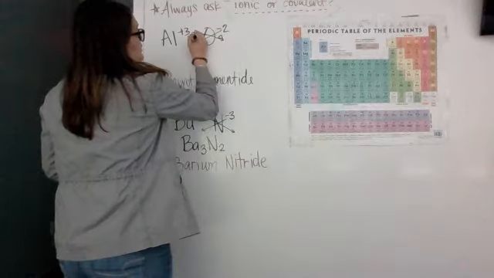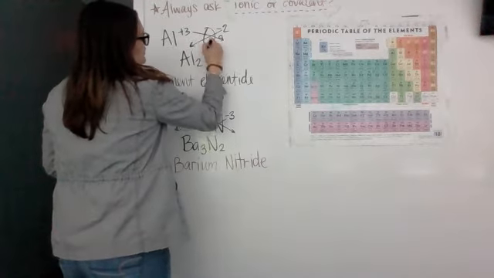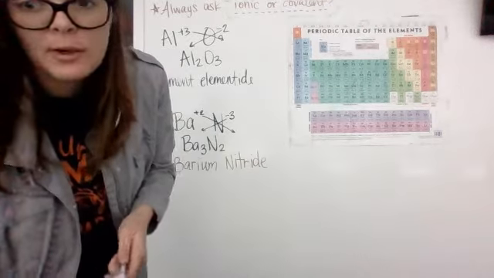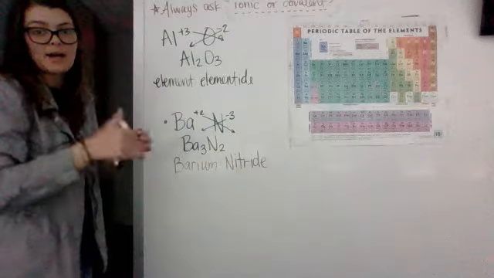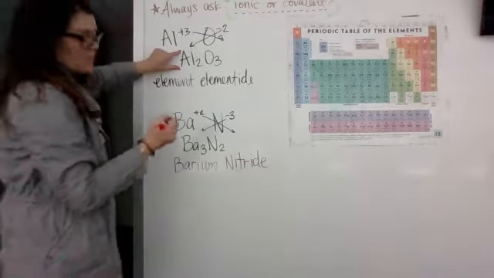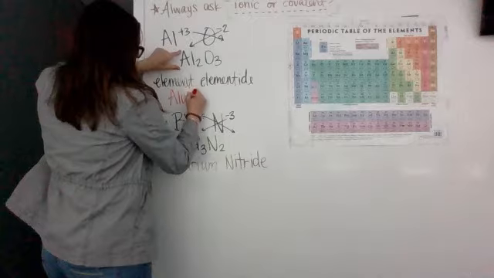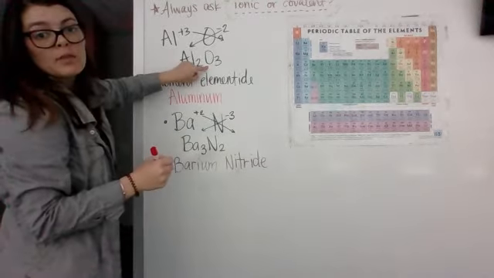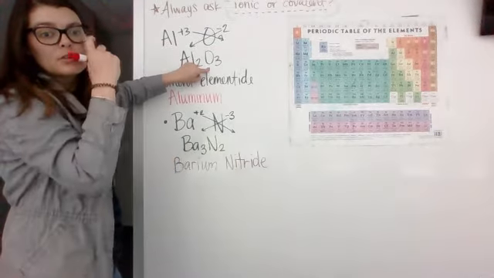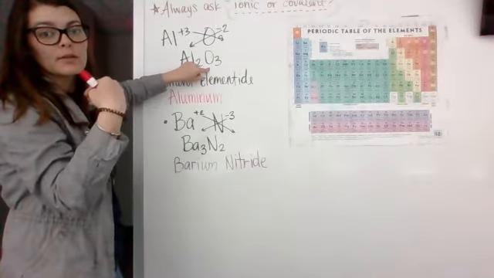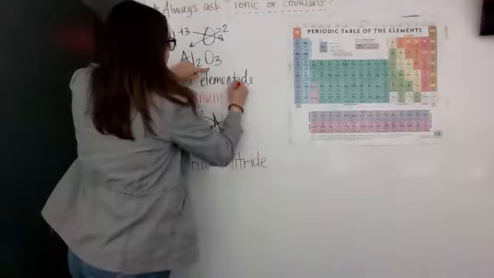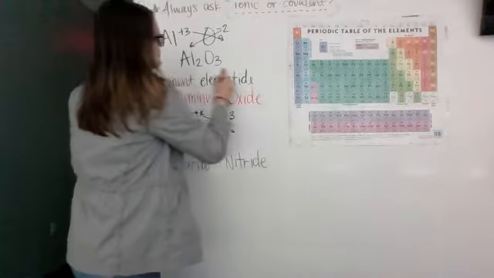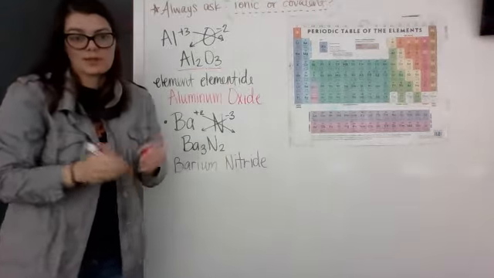We crisscross those and we get Al2O3. Now I need to name it. We name our first element, aluminum, and then the root of oxygen, so ox. We take away the ending, leave ourselves with ox, and add IDE at the end: oxide. So this compound is aluminum oxide.